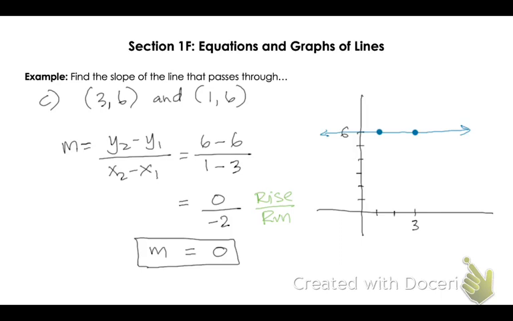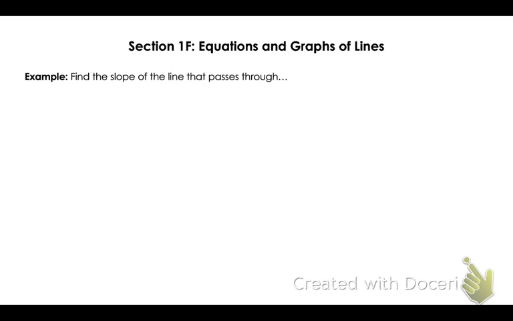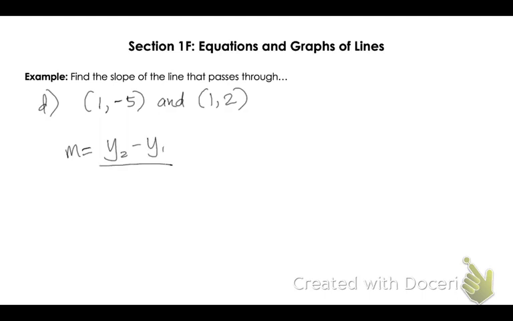All right, so one more, finding slope. Part D. We're going to look at the points (1, -5) and (1, 2). My slope formula is y2 minus y1 over x2 minus x1.